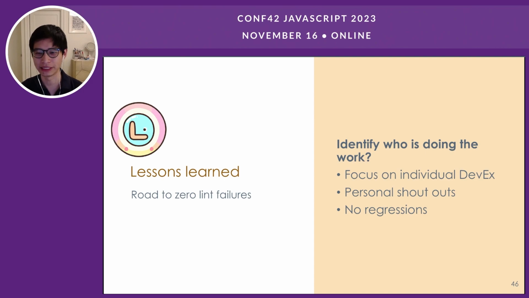Per individual is very important. The same thing goes for shoutouts, very individualized shoutouts were important. And no regressions was also very important, just because these regressions keep popping up. And having some sort of table was very useful for that.